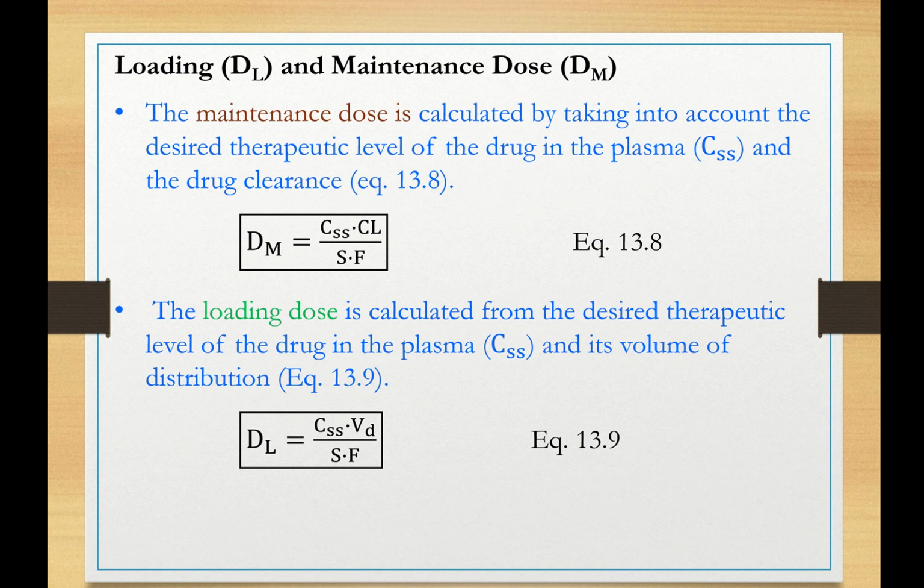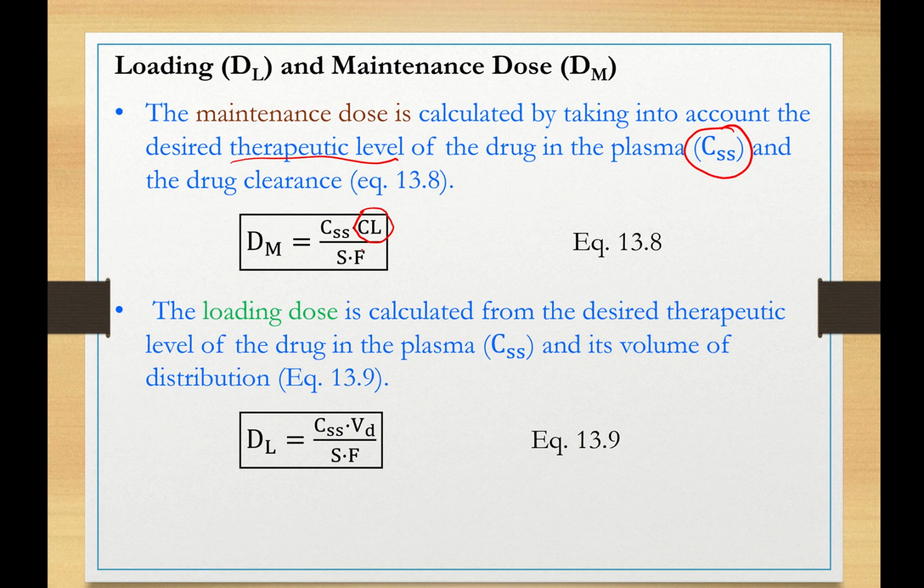Now let's review some of the equations we're going to be using to calculate doses. The maintenance dose, of course, is calculated from the clearance. That's what we have here. And of course, we want to achieve drug plasma therapeutic levels. In this case, because we are waiting for 5 half-lives, we have steady state conditions, which are written as CSS, plasma drug concentration at steady state.